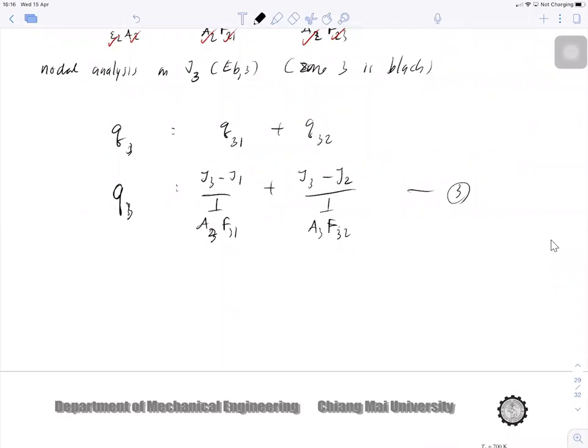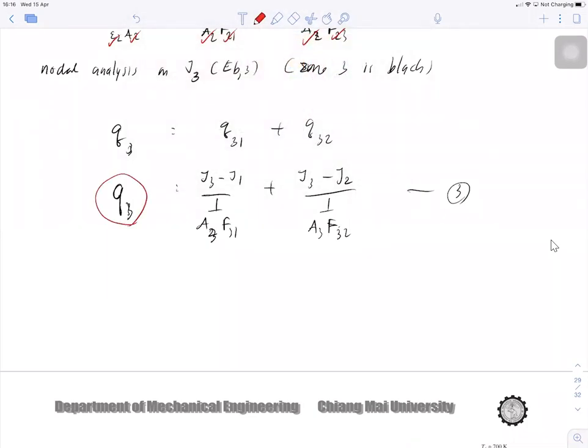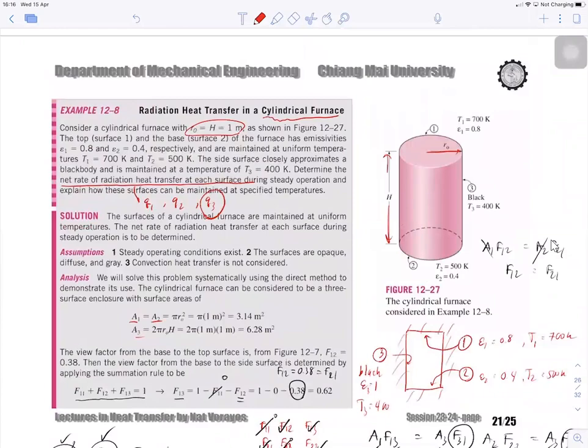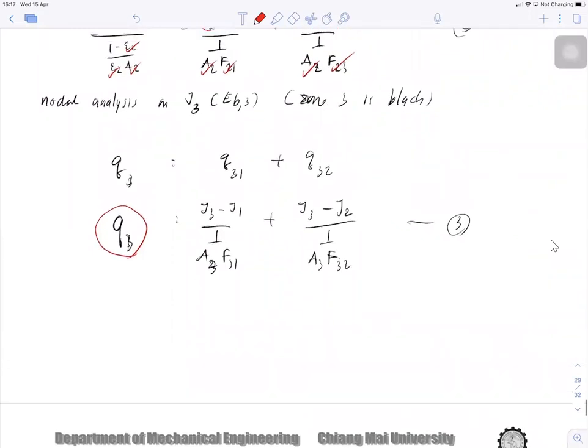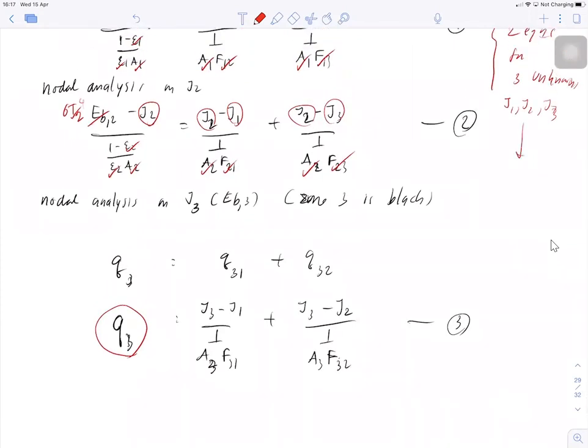After that, see, the third equation itself is something that they ask. They ask for Q3 to 2, right? So if you take a look, see if you can solve this equation. But you know that J3 is going to be equal to EB3, and EB3 is sigma T3 to the 4th, right?